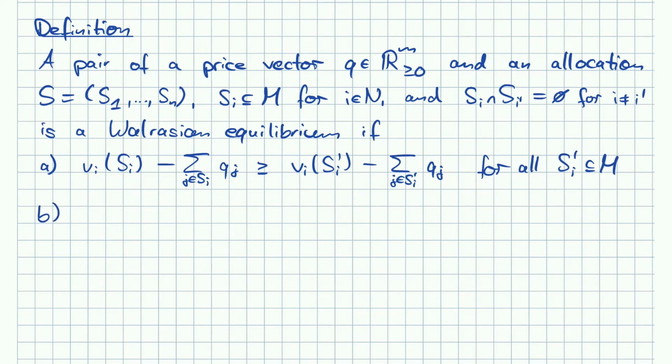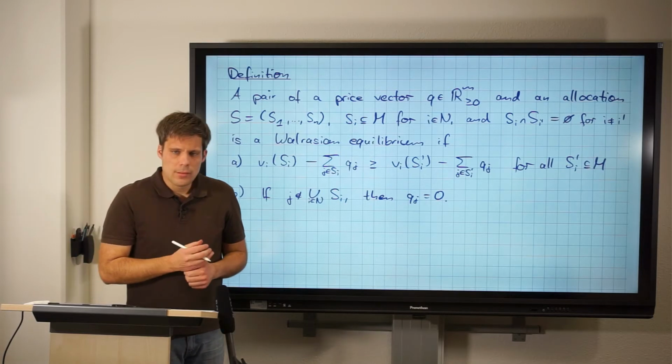And then we also have the condition that if an item is not in the union of all Si, then its price has to be 0. Good.